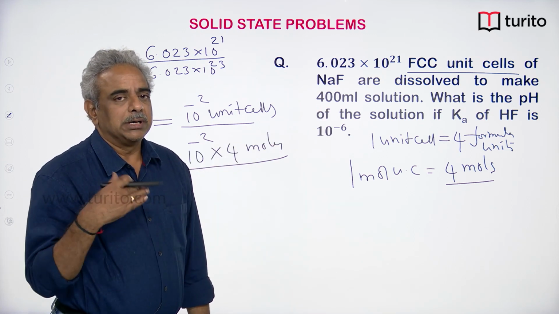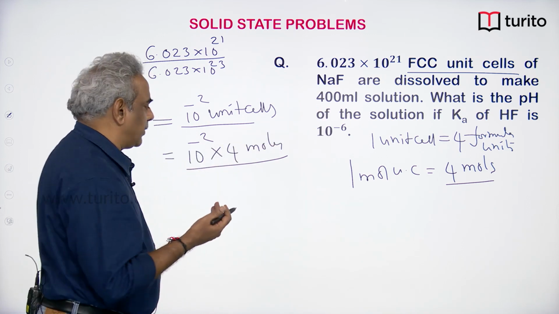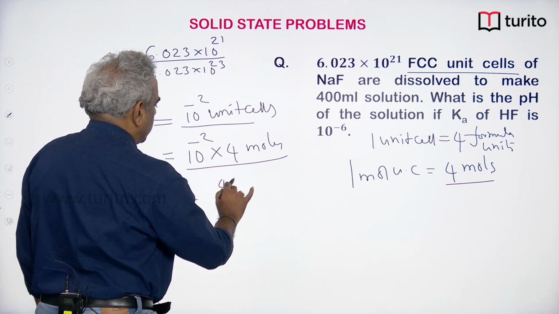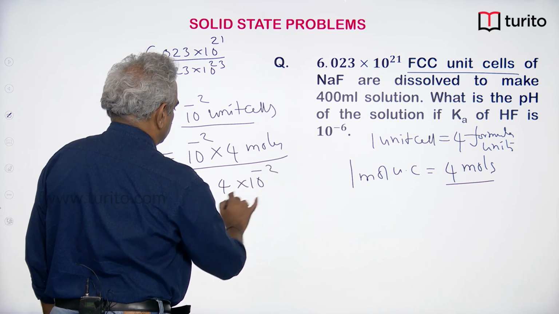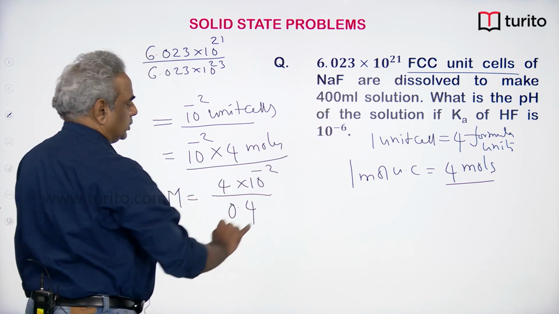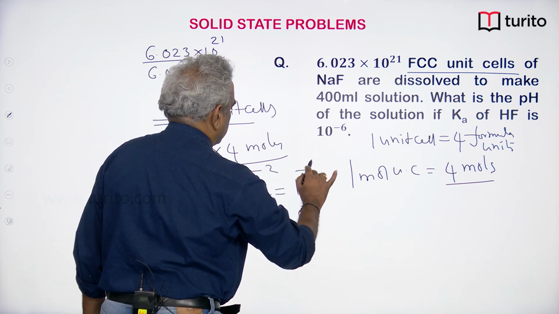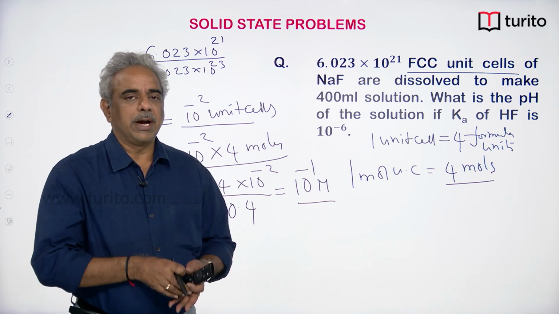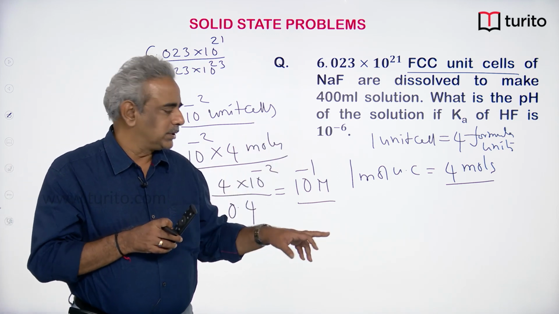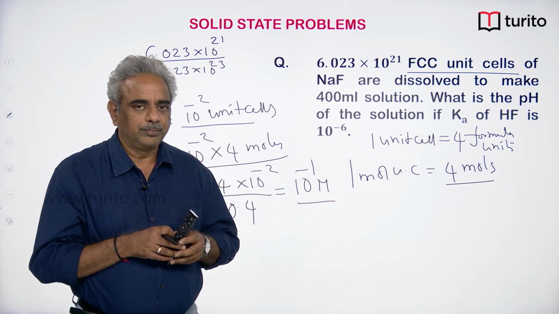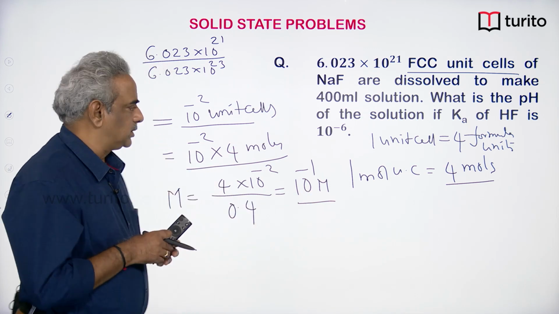So, what will be the molarity? 4 into 10 to the power of minus 2 by 400 ml means 0.4. So, this gives me 10 to the power of minus 1. So, finally, the sodium fluoride solution concentration is 10 power minus 1 molar. He is asking the pH of this.